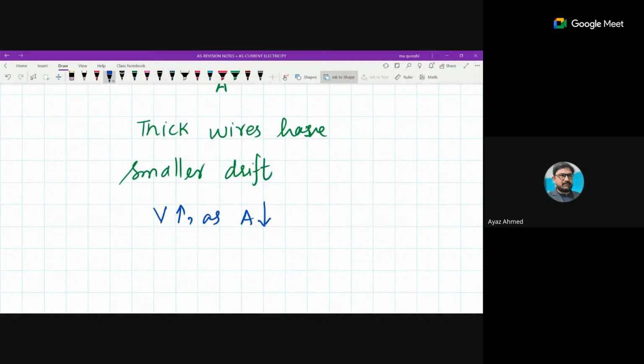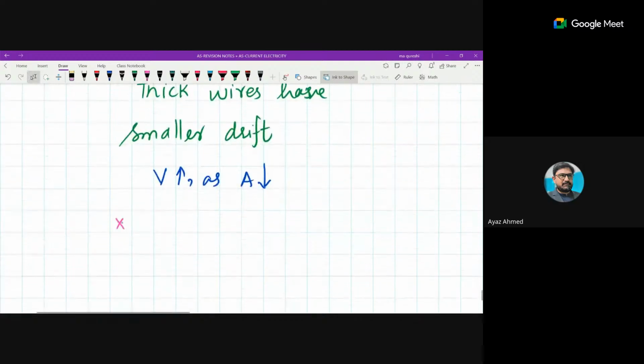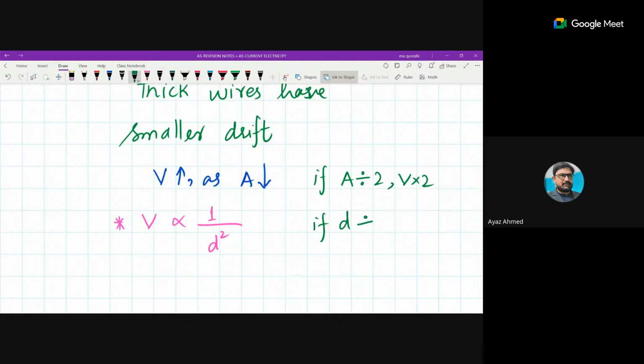That is basically the same thing. But the only thing you have to take care of in case of thickness is that v is inversely proportional to the square of diameter. Here in this question, if area is divided by 2, your drift velocity would be multiplied by 2. But if diameter is divided by 2, your drift velocity would be multiplied by 4.